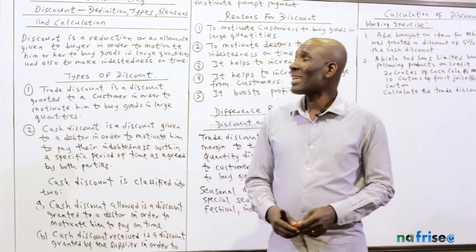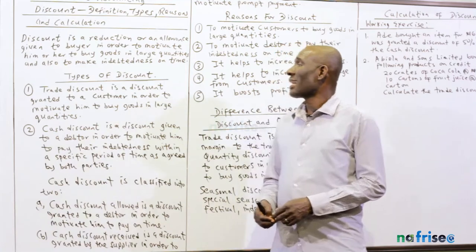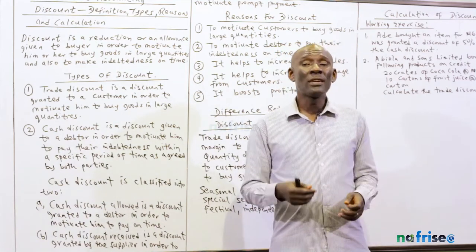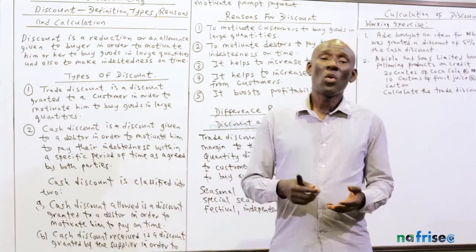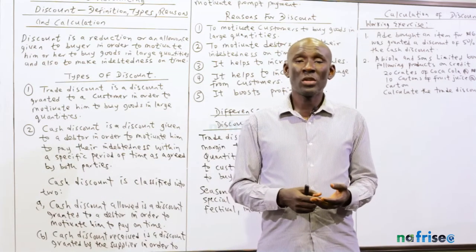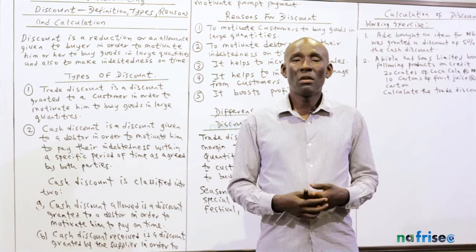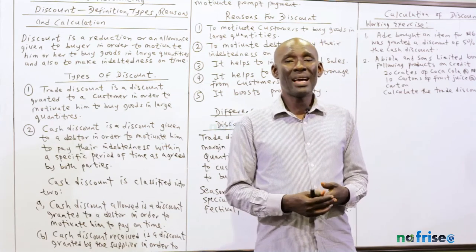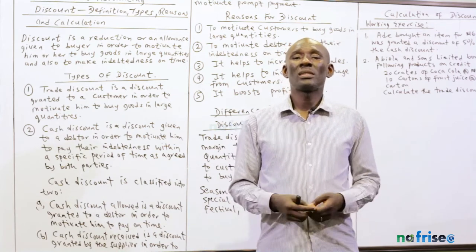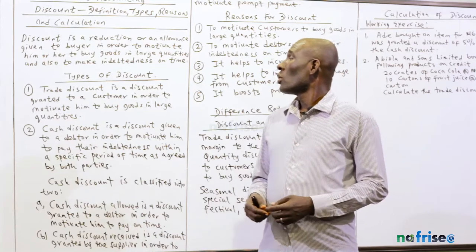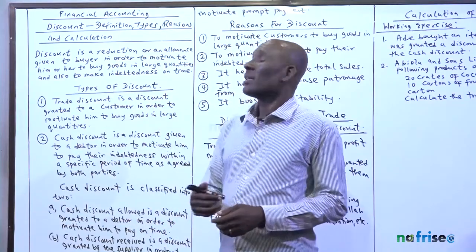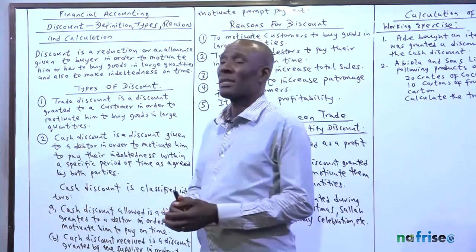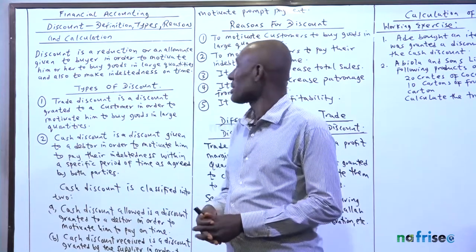Now, what we're saying in essence is that discount is given for two major reasons, although there are other reasons. One, to buy goods in large quantities is a motivation for the buyer to buy goods in large quantities. And also, to make payment for indebtedness on time is also another reason for discount.